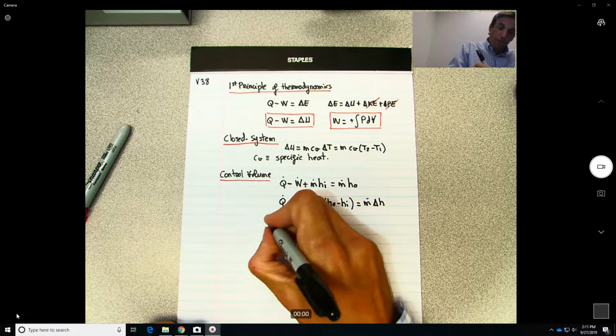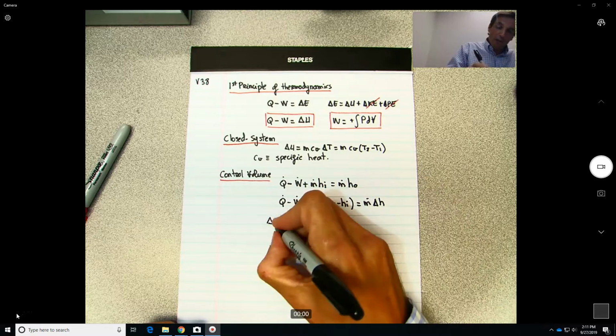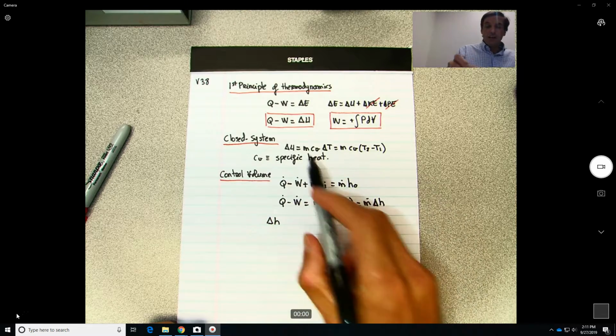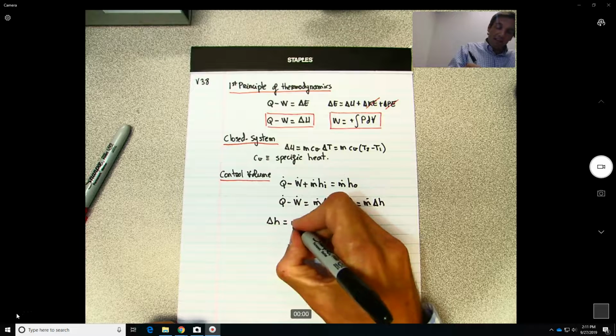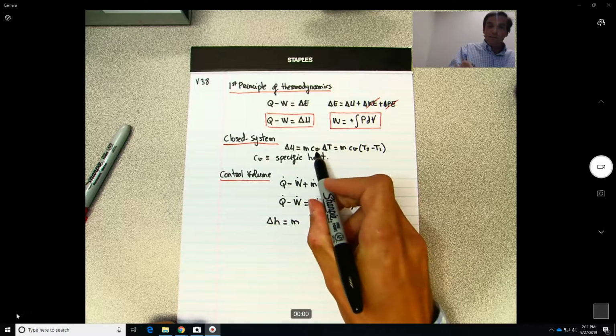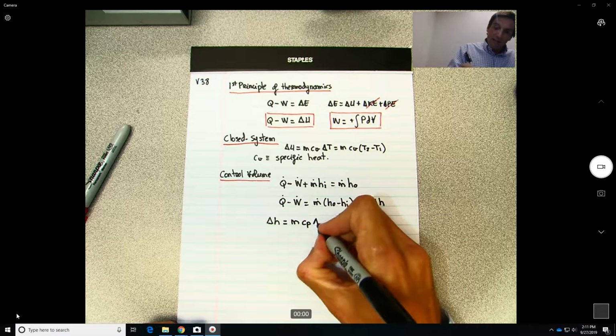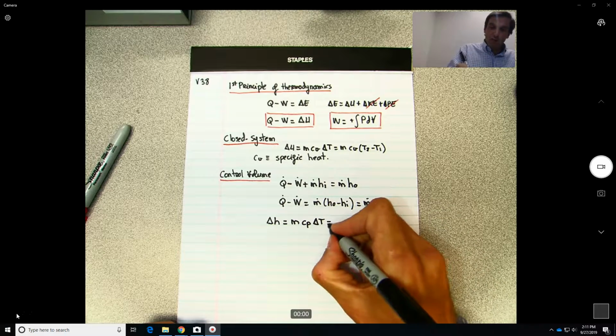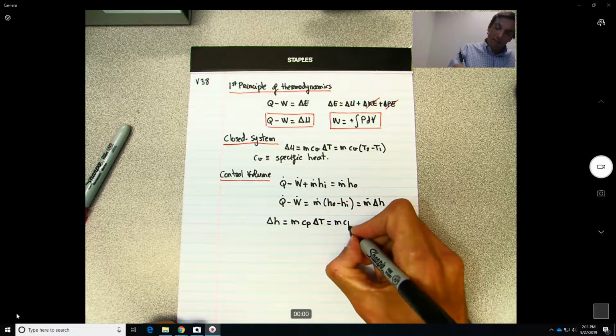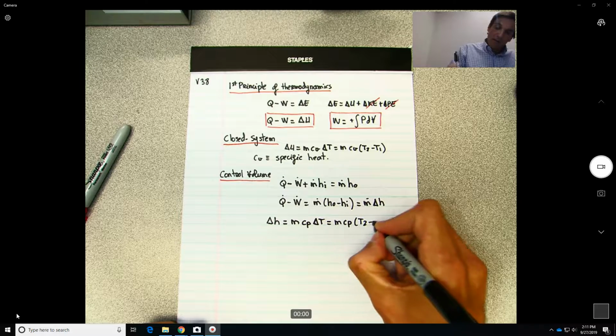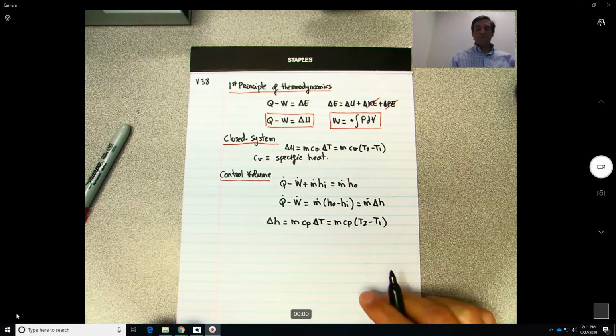For a control volume, the same thing we had over here for internal energy, you could rewrite as m, but instead of C sub V, you write C sub P delta T. So this would be equal to m C sub P (T2 minus T1).